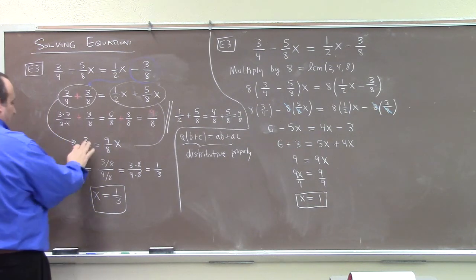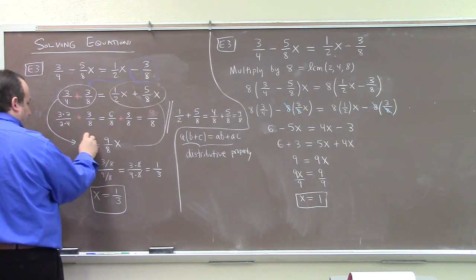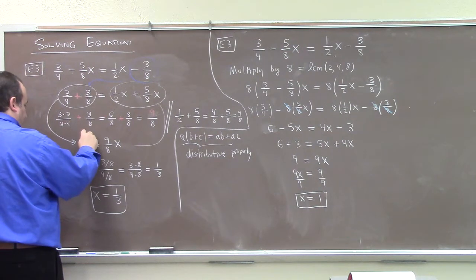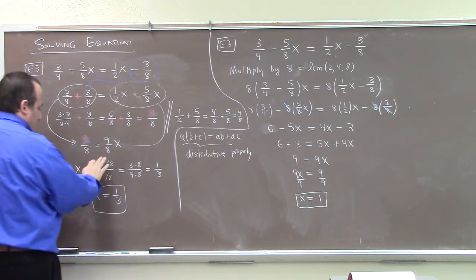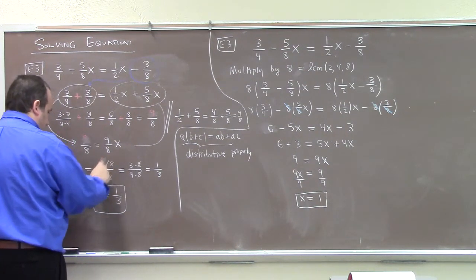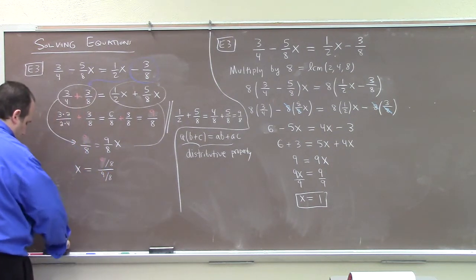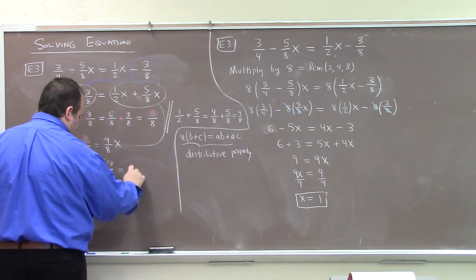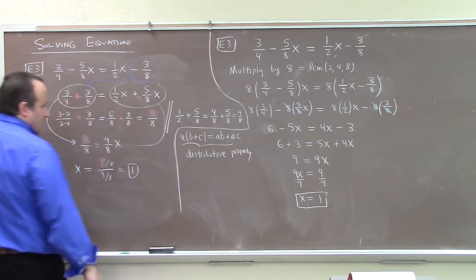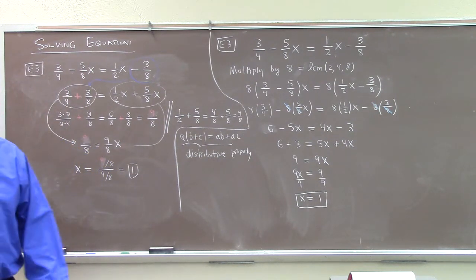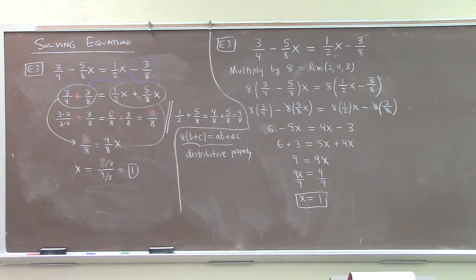So I should have gotten 9/8 here, which then would have given us 9/8 over 9/8, which of course is equal to 1, right? Yeah. Okay. Whew, goodness. I was worried math was broken for a second there. That's good.